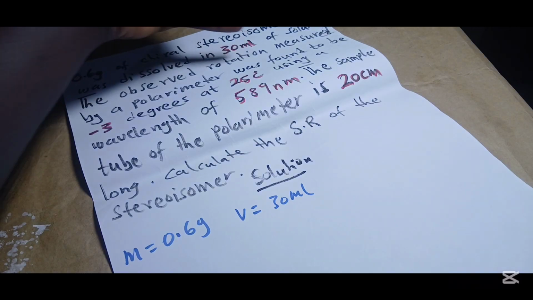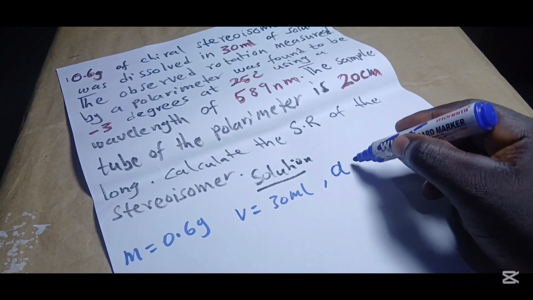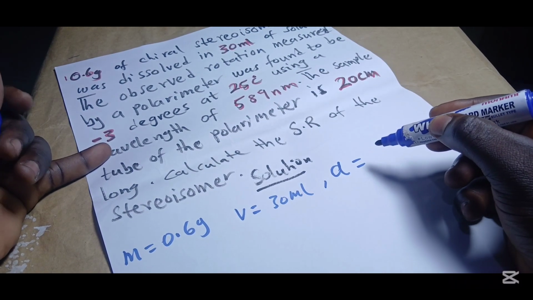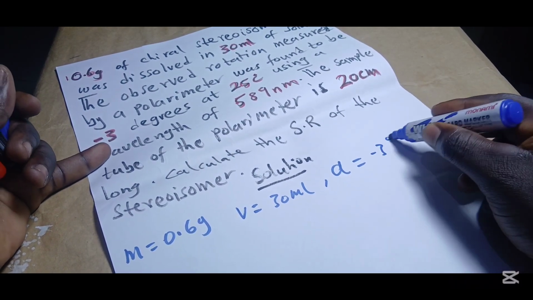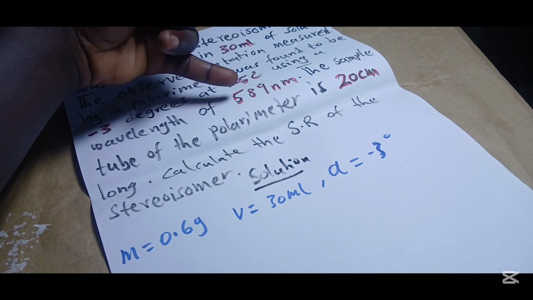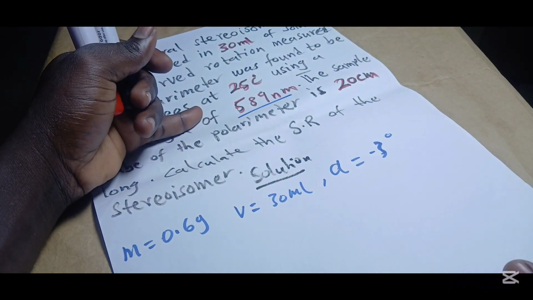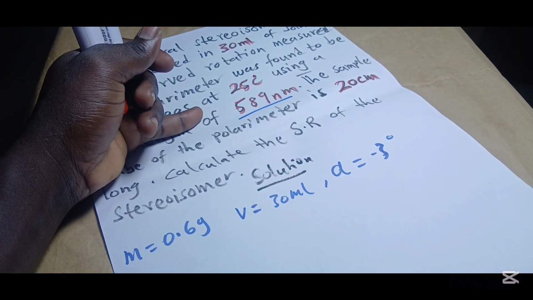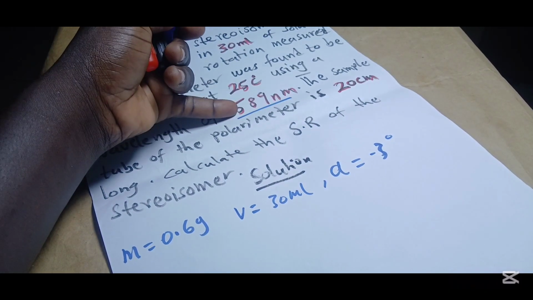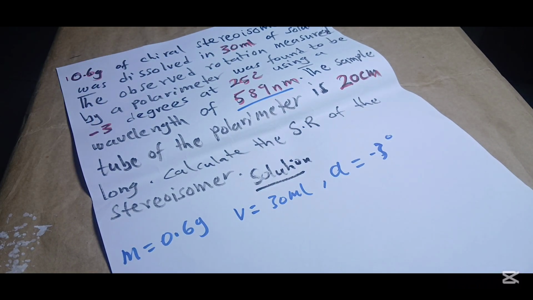The observed rotation measured by the polarimeter, alpha, is minus 3 degrees at 25 degrees using a wavelength of 589. This wavelength is the wavelength of the sodium D line. It is not of use for us, but the condition should be there to guide us, because the wavelength is not included in the formula that we just derived.